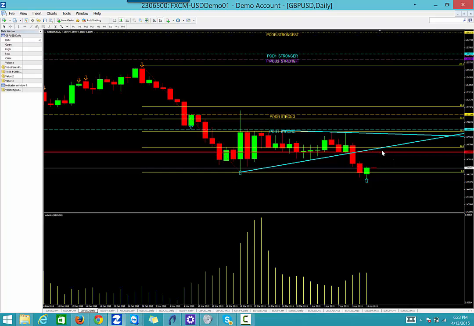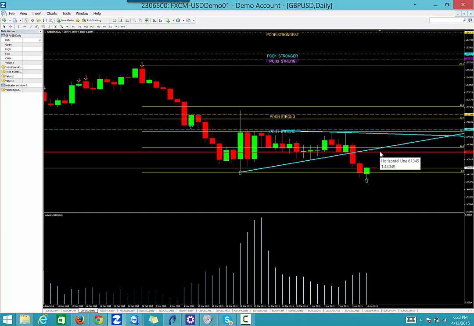We're going to look for price to come back up, and we're going to take a sell at 1.4804, which is a previous area of support that is now going to be resistance for us. That's about 140 pips away as well.